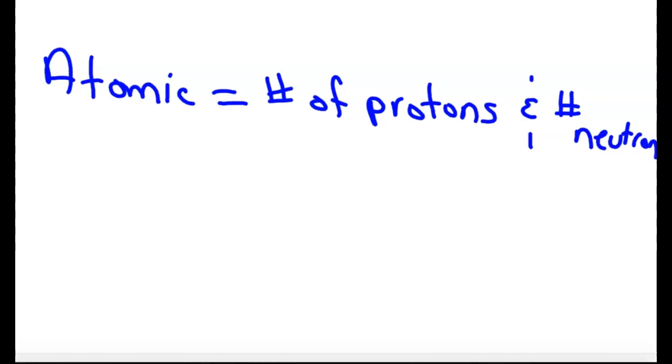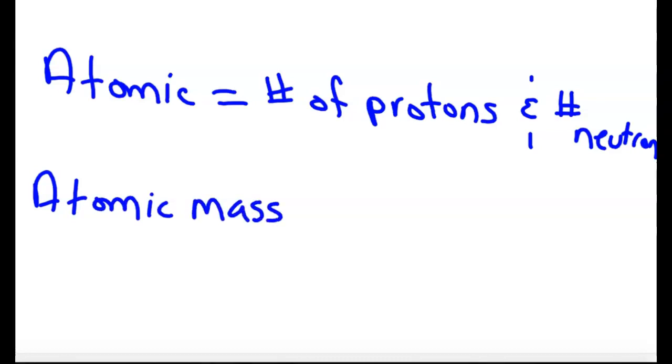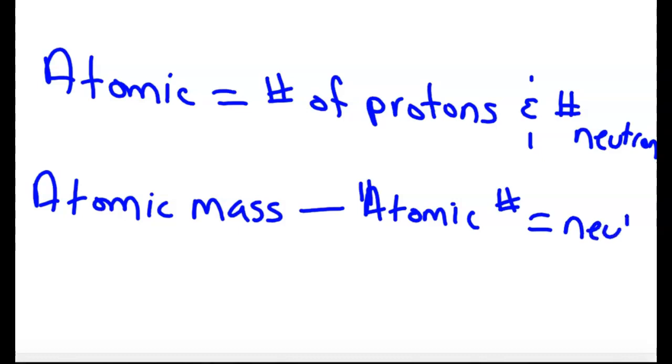So, to find the number of neutrons, you take atomic mass minus atomic number. So mass minus number equals neutrons. Running out of board. So that's how you're going to fill those in.